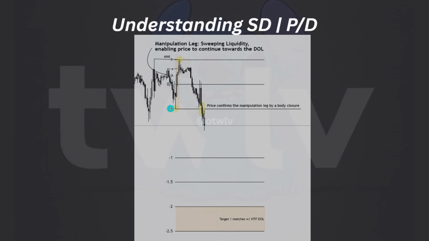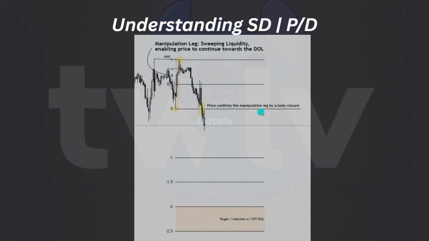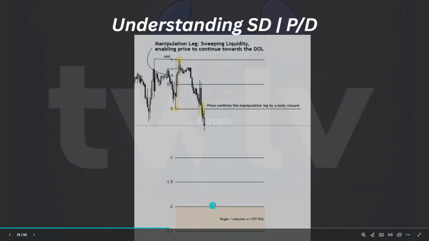Breaking this low, because this low is what swept liquidity, right? We broke structure by closing below it, so we can confirm this is the manipulation leg to continue lower to what? This standard deviation, because this is the average price and price is expanding an extreme amount.